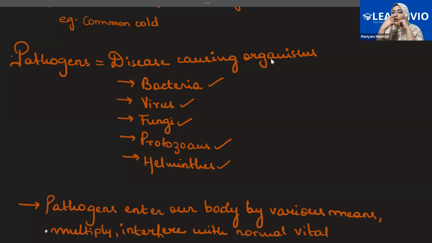Okay, I'll give you one common name, then you tell me the scientific name. Yeast. Tell me the scientific name of yeast. The most famous yeast. Saccharomyces cerevisiae. Saccharomyces, right? That is a fungus.